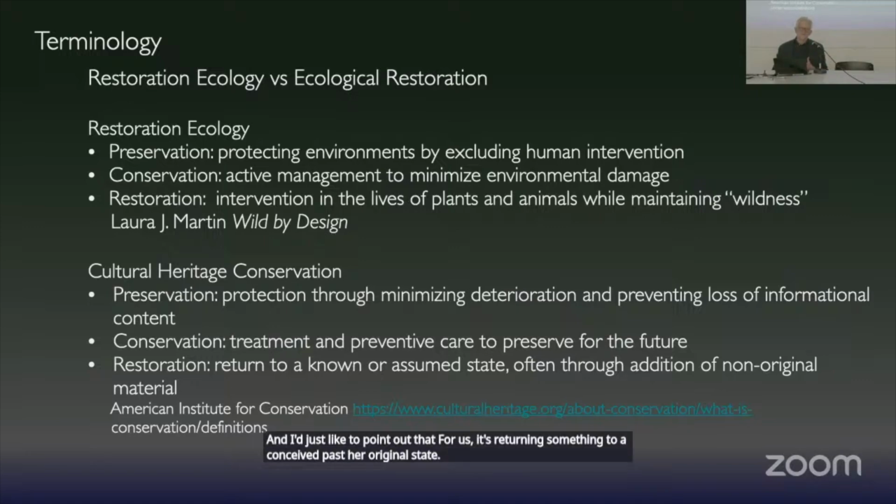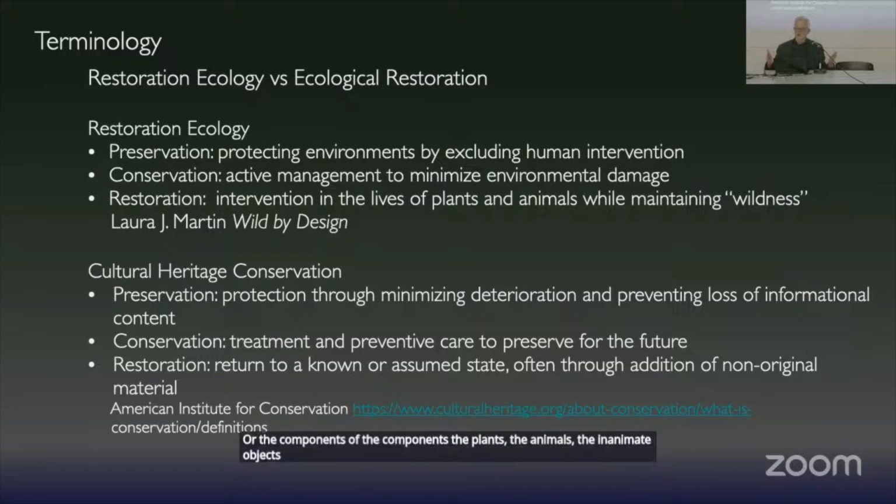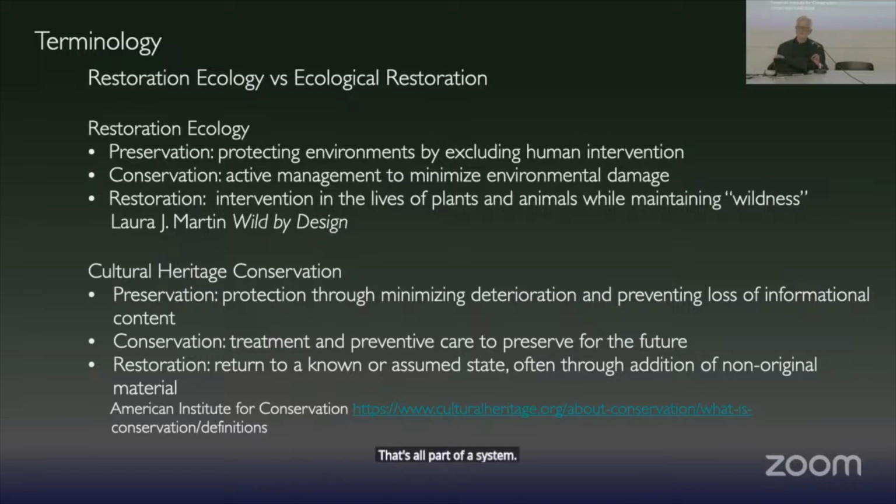The difference that we're seeing, and maybe Sven can add more in discussion, because he's been, I think, the one that's really driving us in this direction, is that in restoration ecology, there's much more of an emphasis on ecosystem, or the components of the plants, the animals, the inanimate objects, including air, water, land, that's all part of a system. And we don't think like that in cultural heritage conservation.